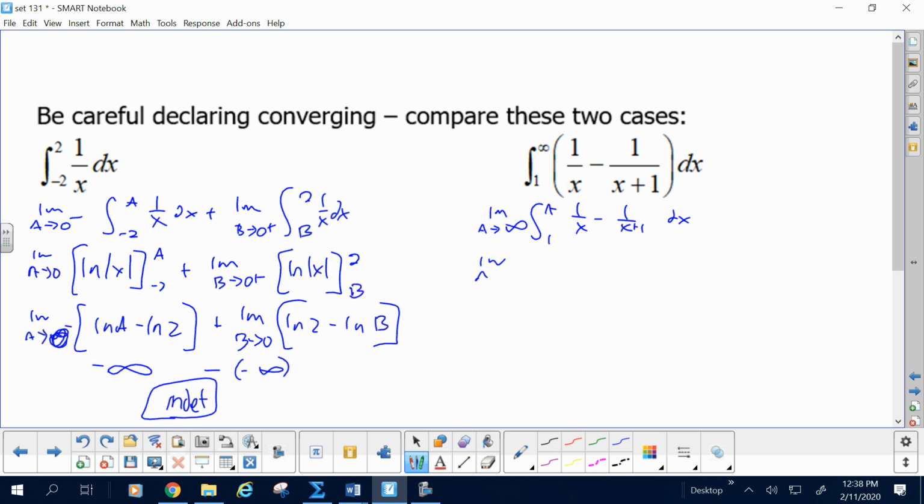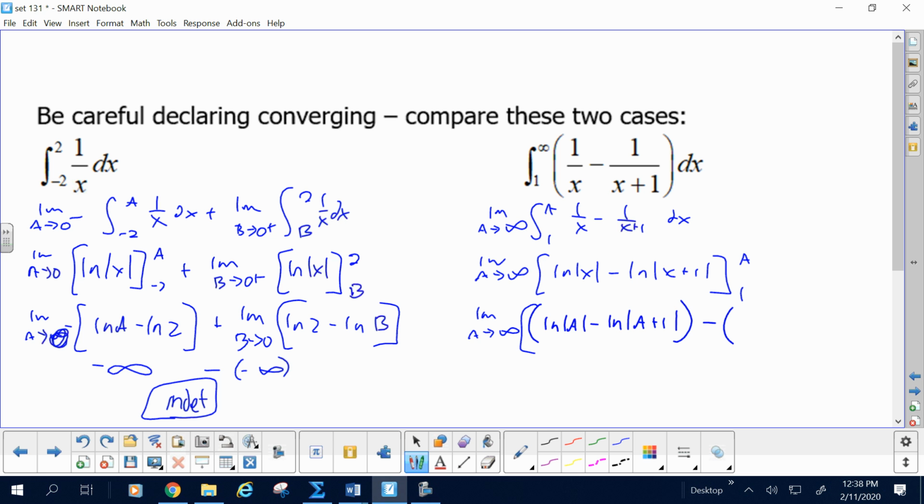Now, when you anti-differentiate, you will see some of that same infinite behavior. But they're the same infinity. So do you get something like log of a minus log of a plus 1 when a goes in, and log of 1 minus log of 2 when 1 goes in?